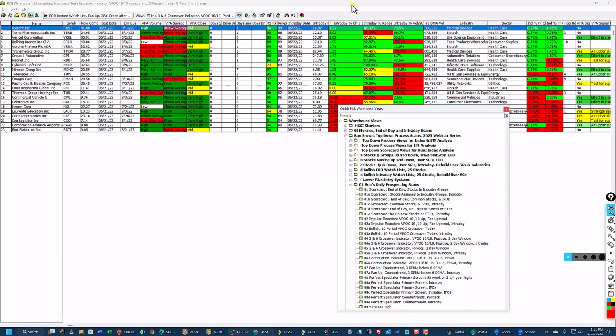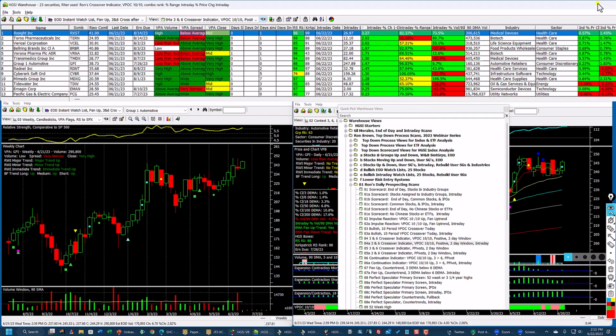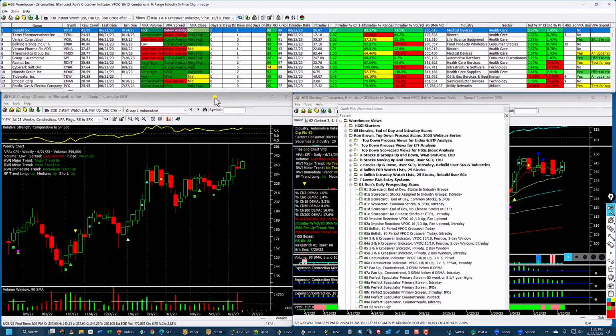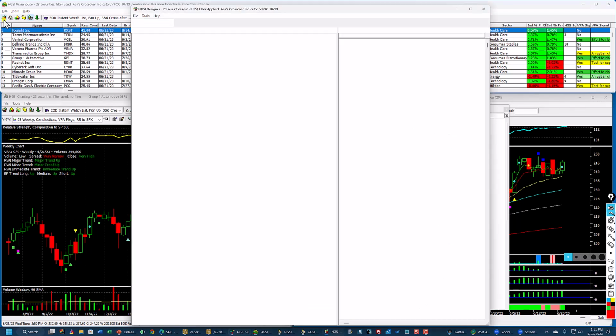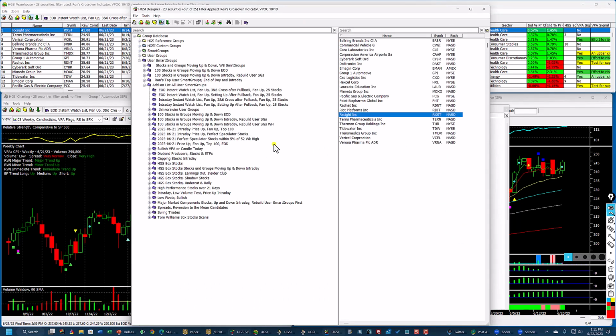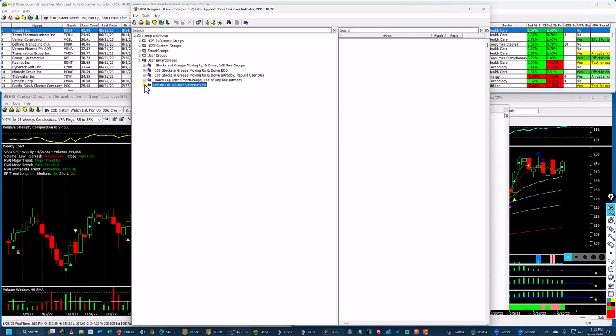Okay, now I want to take you back to where I really wanted to go with this. I'm just showing you that this information is available in the designer also, and then you can go in and prospect directly. This thing is slow today. But also what I've done is I moved these groups from the warehouse.